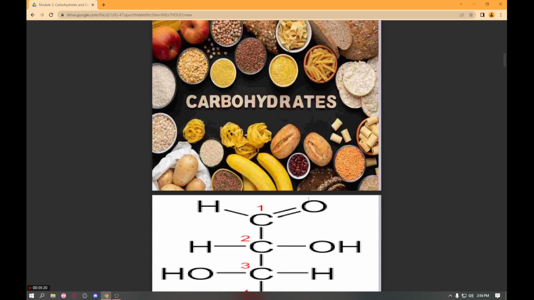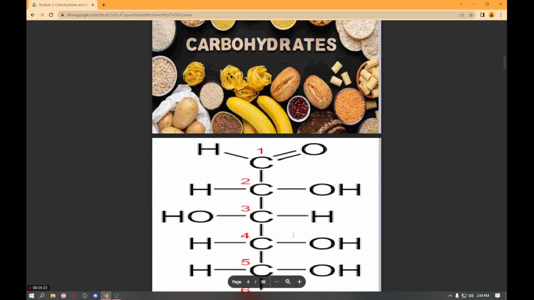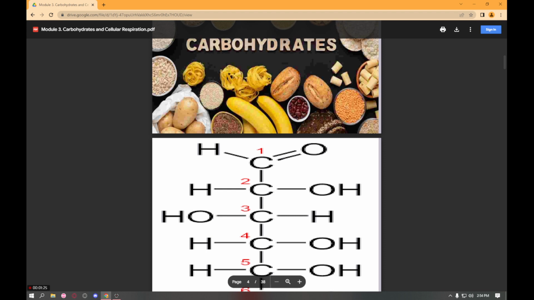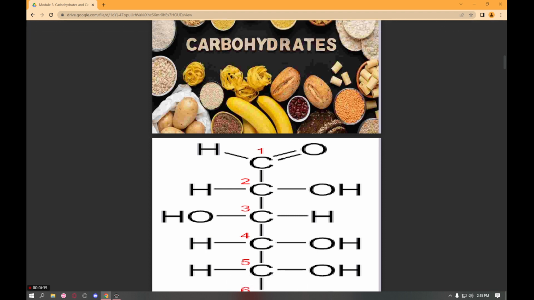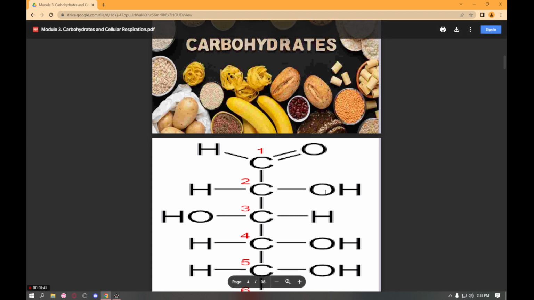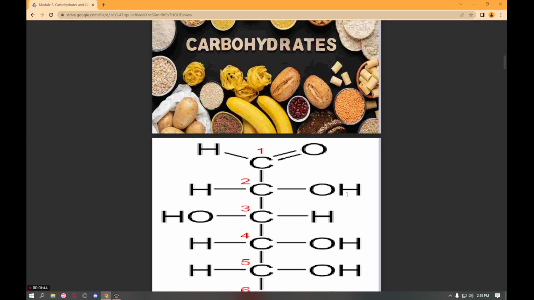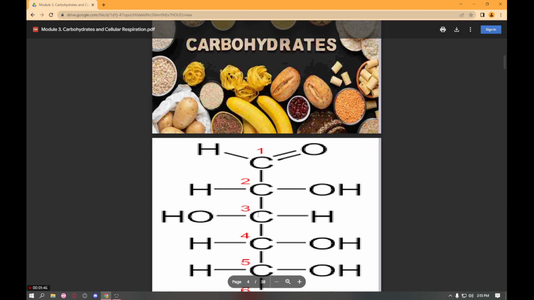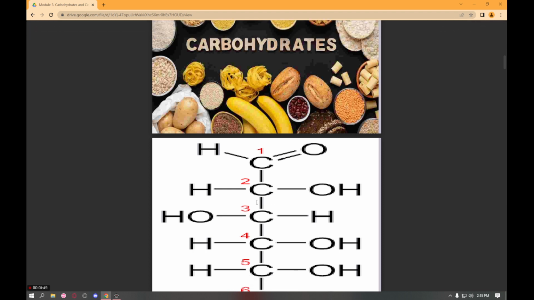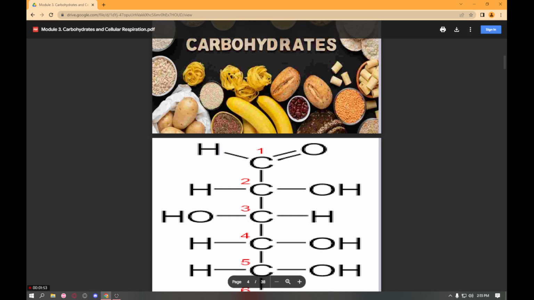Okay, so this is the formula of your carbohydrate. If you notice, the word carbohydrates came from the word carbon, which means that there is a presence of carbon, which is the letter C here. And then hydrate means that there is a presence of water. So what is the formula of your water? This is OH. With the structure of your carbohydrates, these carbohydrates are made up of carbon, hydrogen, and oxygen.